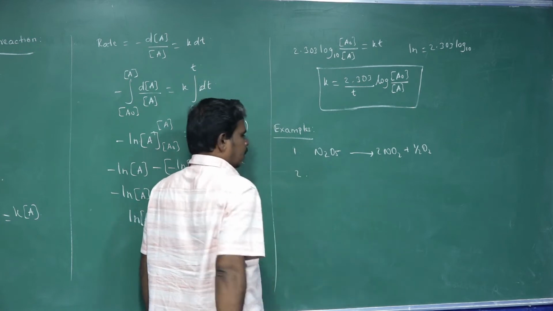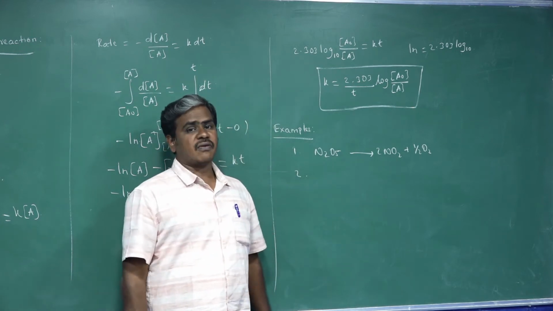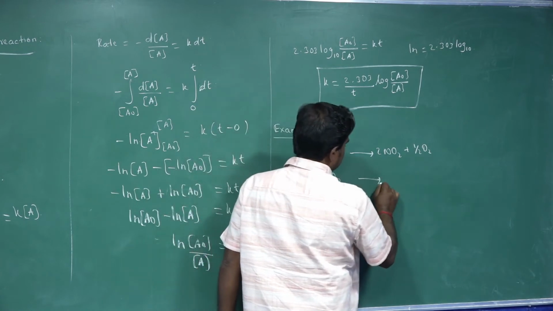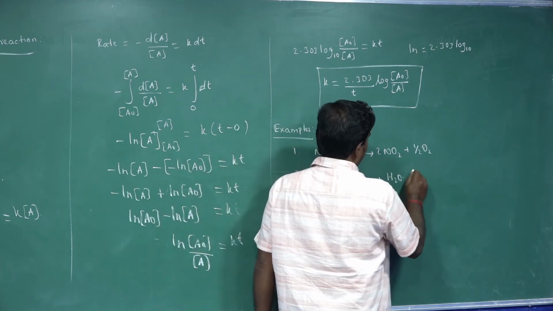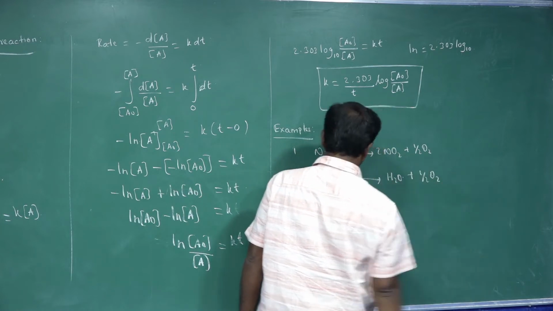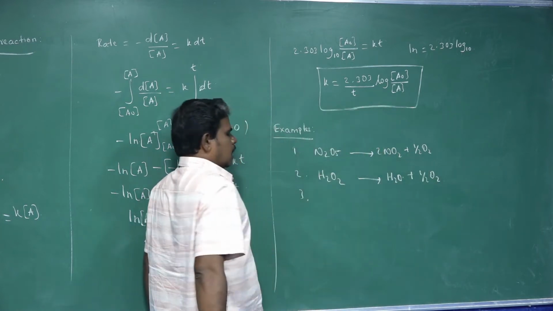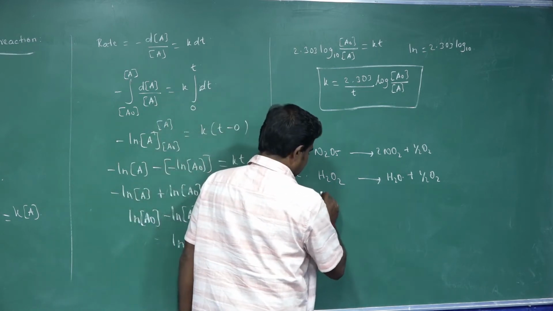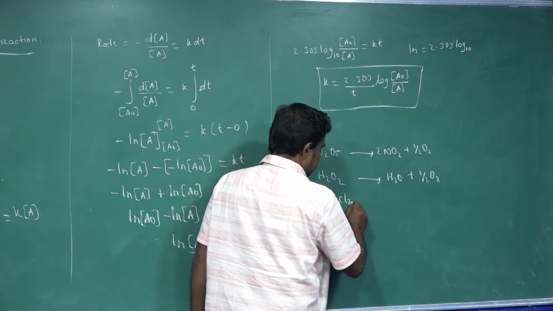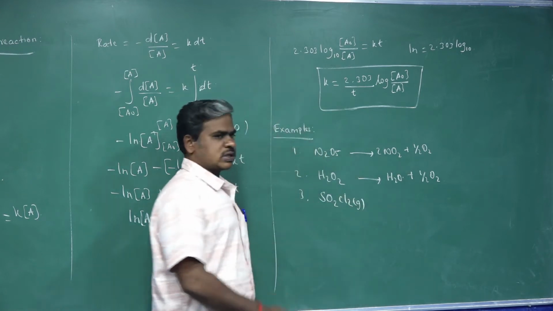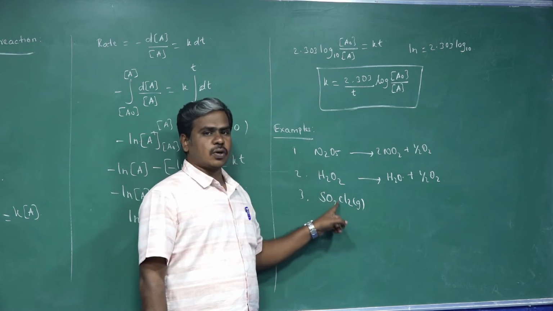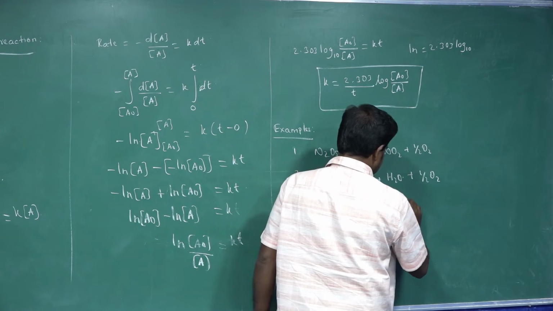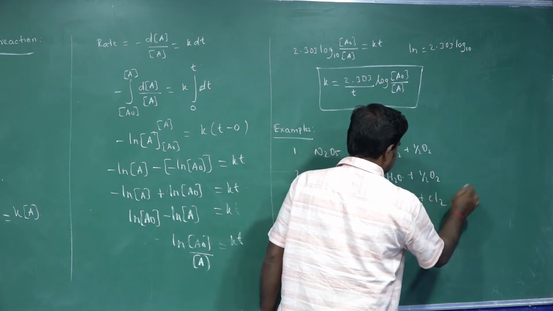The second example is the decomposition of hydrogen peroxide, which gives water and O2. The third one is sulfuryl chloride, SO2Cl2 gas, which on decomposition gives SO2 and Cl2.